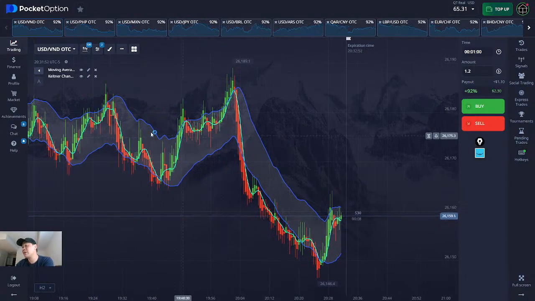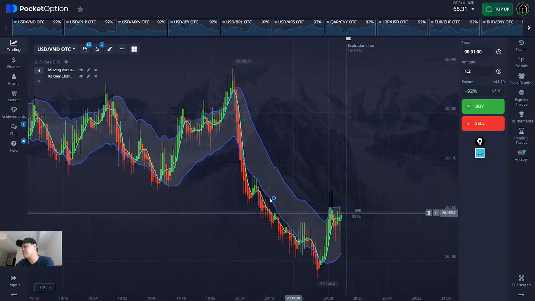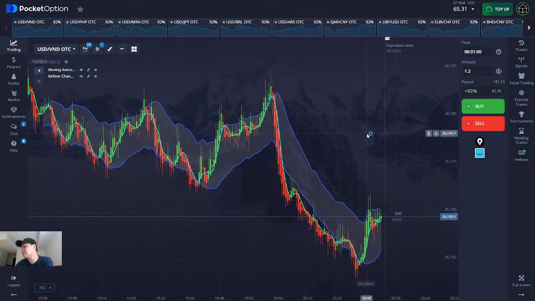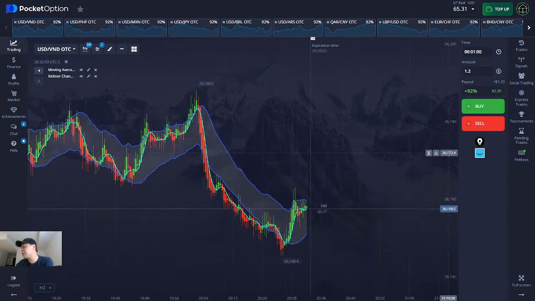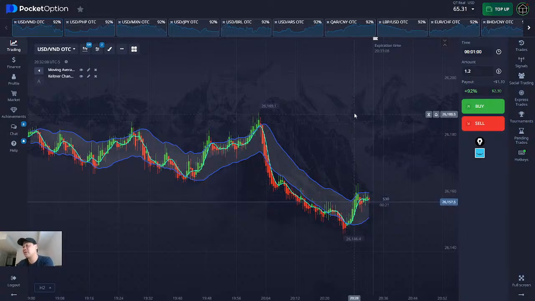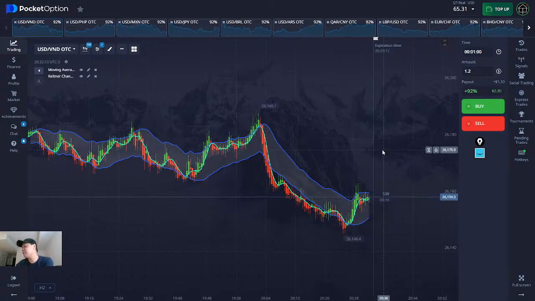I only have two indicators, the Keltner channels and the moving average, to give me an idea of what the market is doing. I don't typically have to look at the big picture, but I can if I want to. The trading time is typically about a minute to 2 minutes, 3 minutes, no more than that.